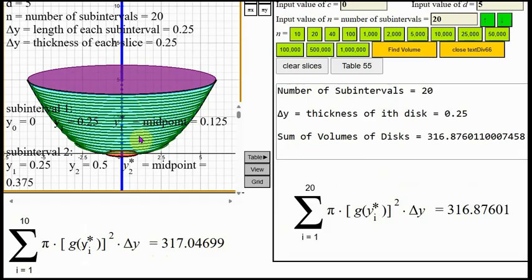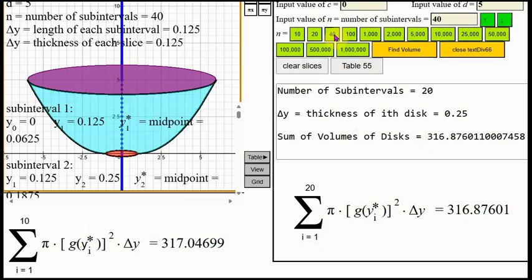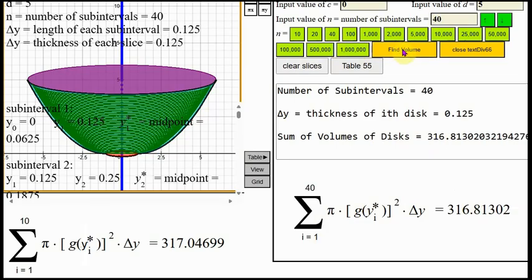Instead of 10 discs or 10 cylinders, if we divide the solid into 20 cylinders and then add the volumes of the 20 cylinders together, we get 316.876. And here's the summation notation. And this is for 40 slices, and this is the volumes for the 40 cylinders.